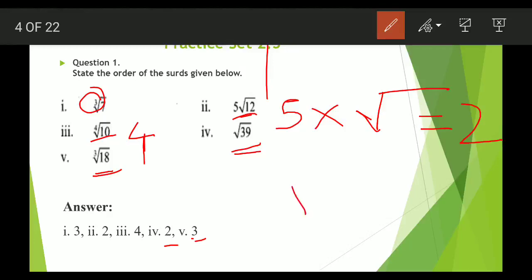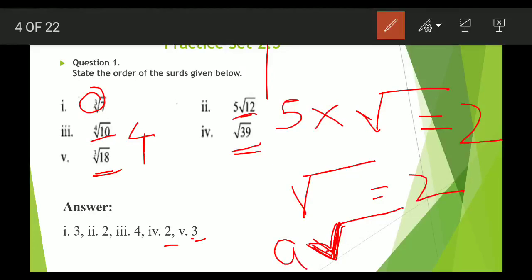Dear children, don't get confused. If it is like this, then the order is 2. The order will always be written inside this mark, this V. If it is written outside the root, then it is not the order.